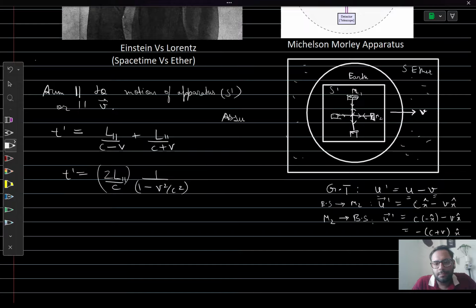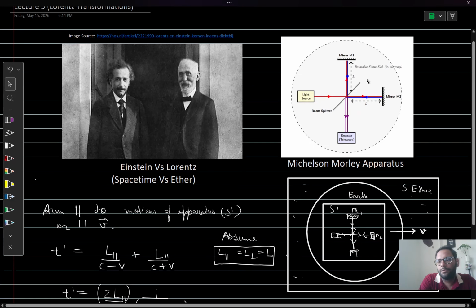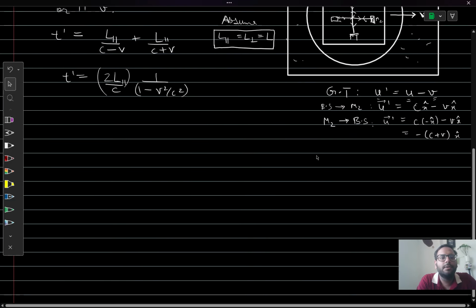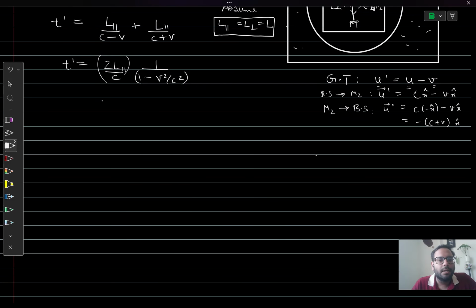Let's assume for simplicity that L parallel is equal to L perpendicular, perpendicular and parallel to the motion of the apparatus being the same. I have assumed in the above diagram also that both the arms are of equal length. Let's assume this and go ahead. So T prime will be equal to this.